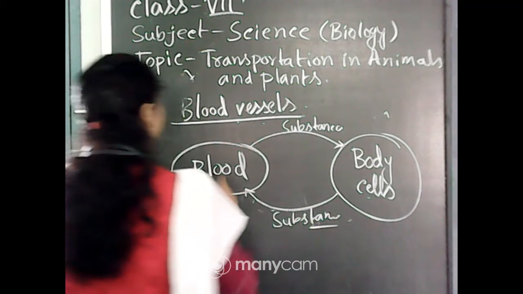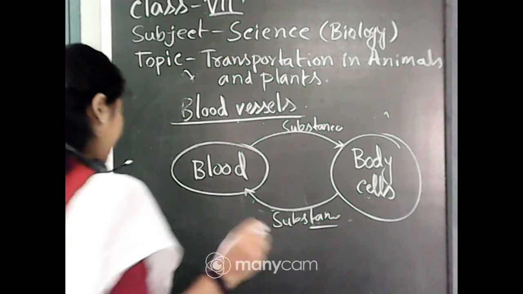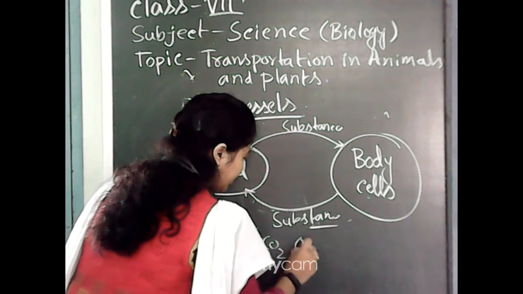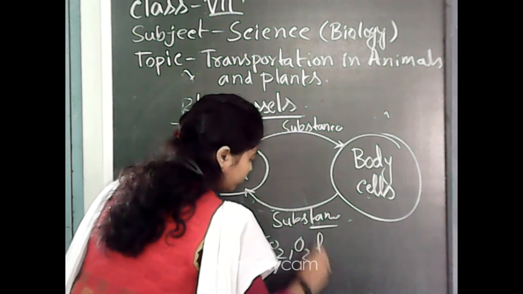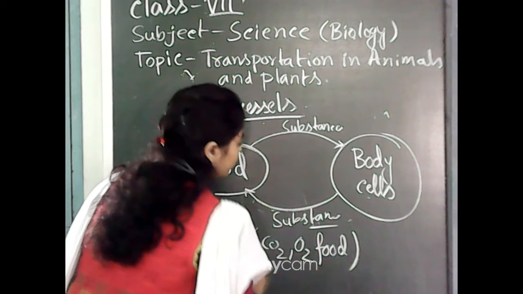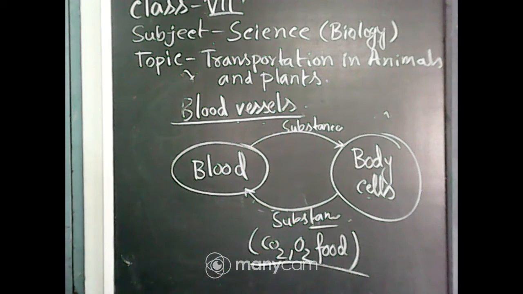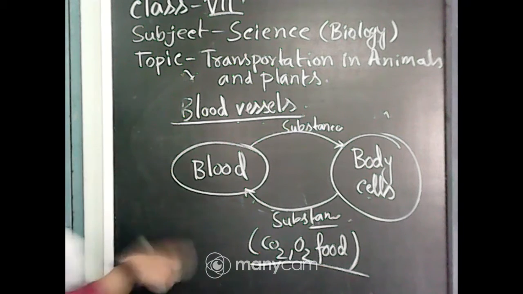The capillary does that needful job, with substances including carbon dioxide, oxygen and food. Capillaries act as a fine network for exchange of materials, making diffusion of materials easy from blood to body cells or body cells to blood.